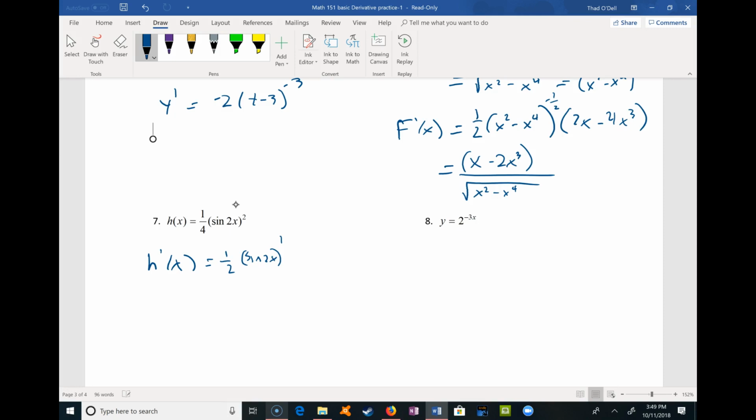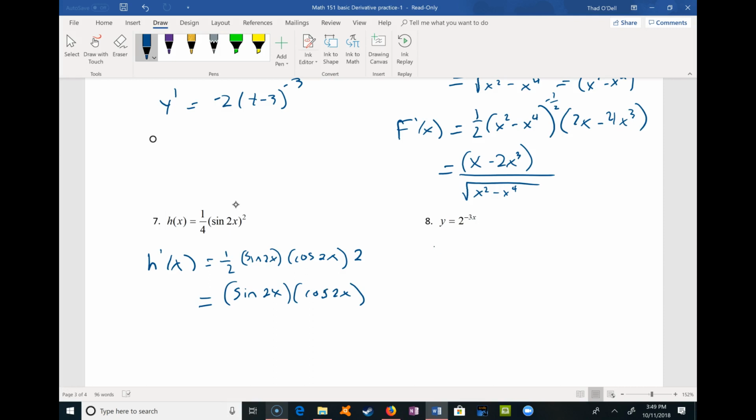Then I'd multiply that by the derivative of sine 2x, which would be cosine 2x. Multiply that by the derivative of 2x, which would just be 2. So then that's going to be sine 2x times cosine 2x.